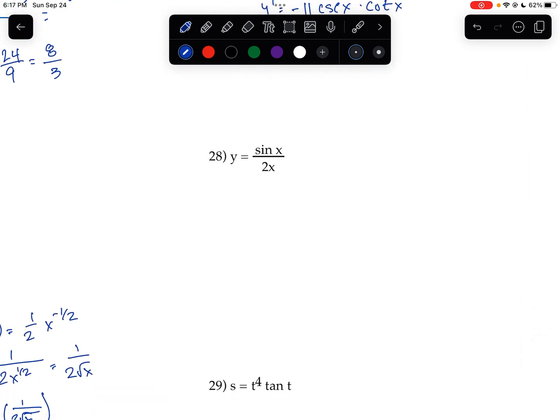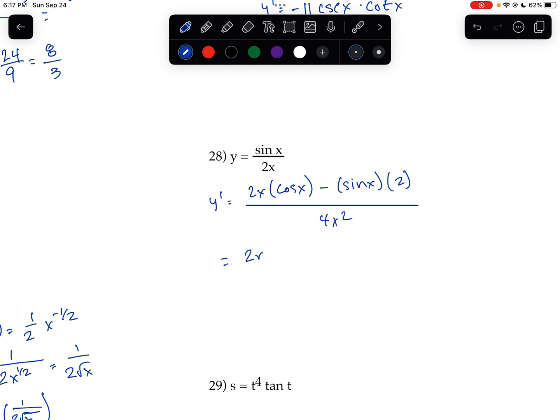For 28, y is equal to sine x over 2x. I would use the quotient rule here, so that's going to be low d high, which would be cosine of x, minus high d low, over the square of the denominator, so that'd be 4x squared.